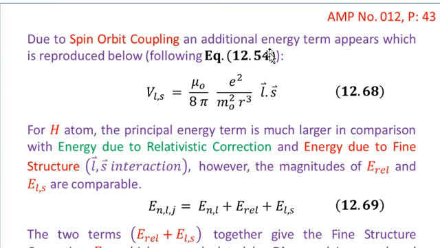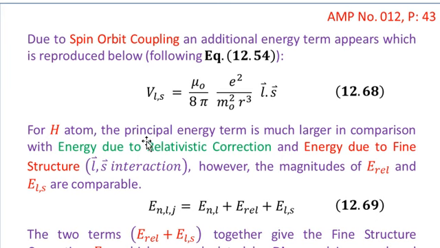So due to spin orbit coupling, an additional energy term appears, which is reproduced below following equation number 54, which is V_LS is equal to mu naught over 8 pi into e square over m naught square r cube, and then we have the term L dot S, that is the dot product between the orbital angular momentum and the spin angular momentum, as shown in equation number 68.